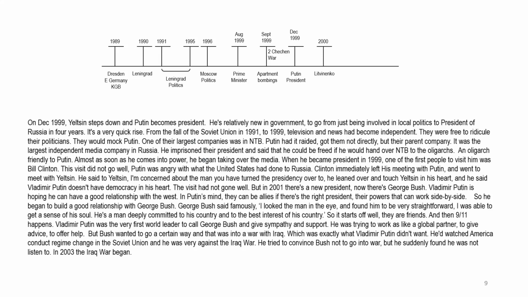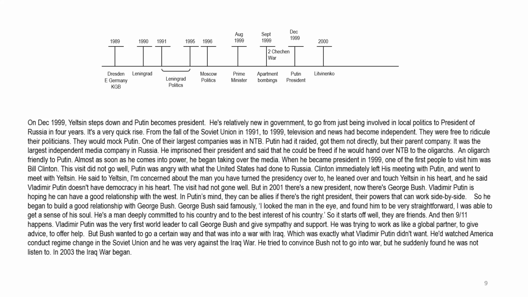George Bush said famously, "I looked the man in the eye and found him to be very straightforward. I was able to get a sense of his soul. He's a man deeply committed to his country and to the best interest of his country." So it starts off well.